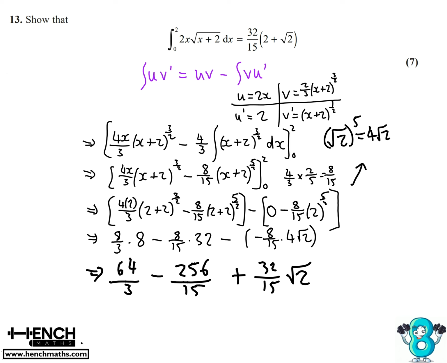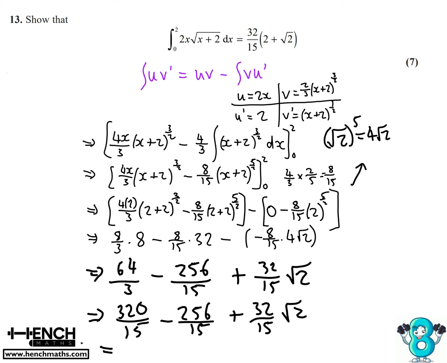Combining these fractions, if we've got a common denominator of 15, 64 times 5 is 320. So you've got 320 over 15 subtract 256 over 15 plus 32 over 15 root 2. So 320 subtract 256 is 64.